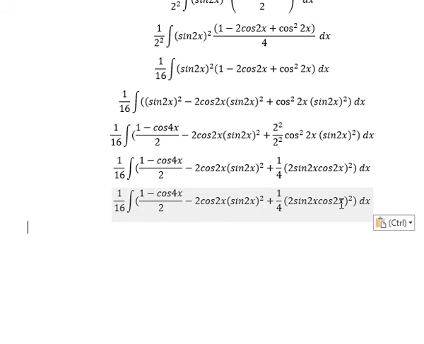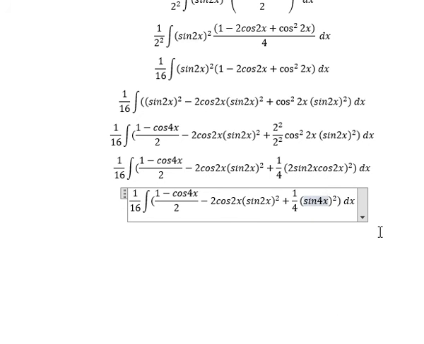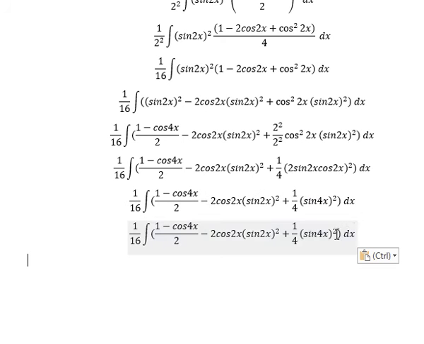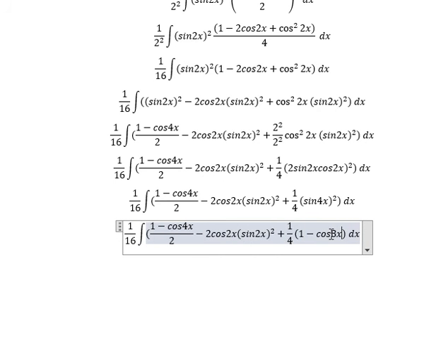And this one in here is about sin 4s. And this one we change for (1 minus cosine 8s) over 2.